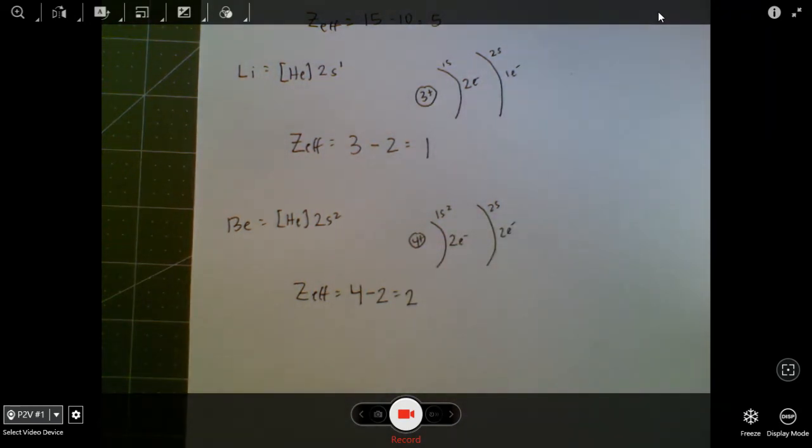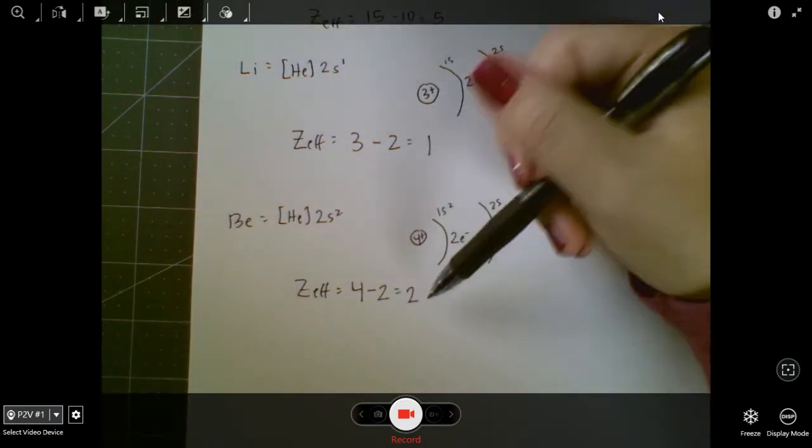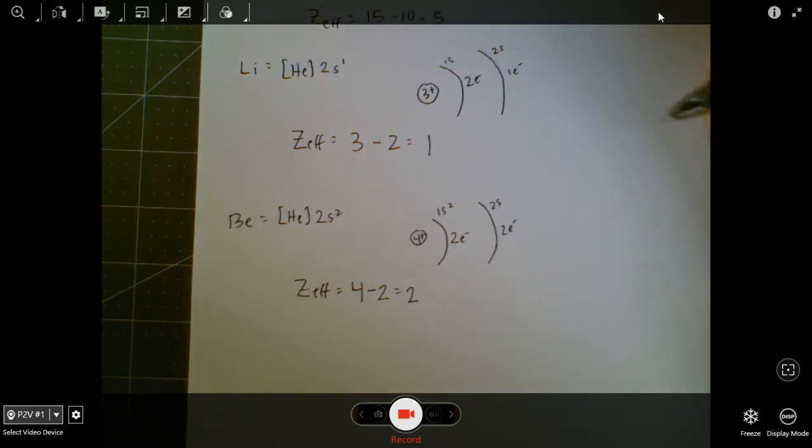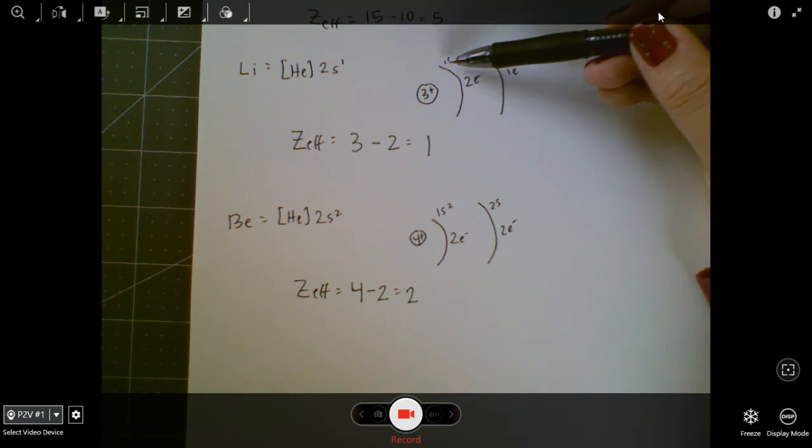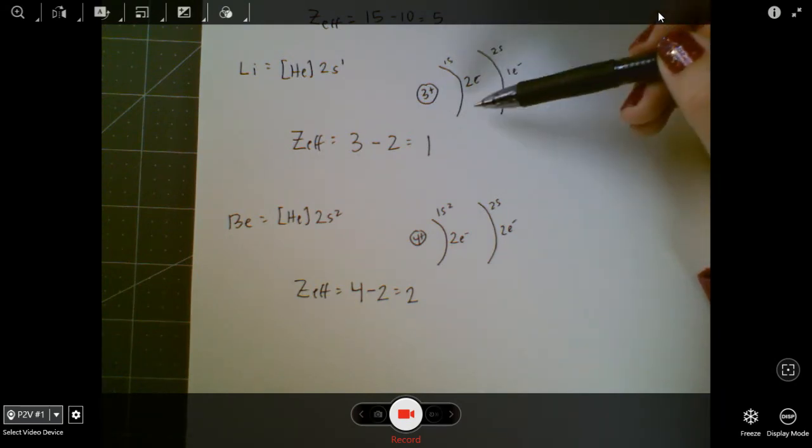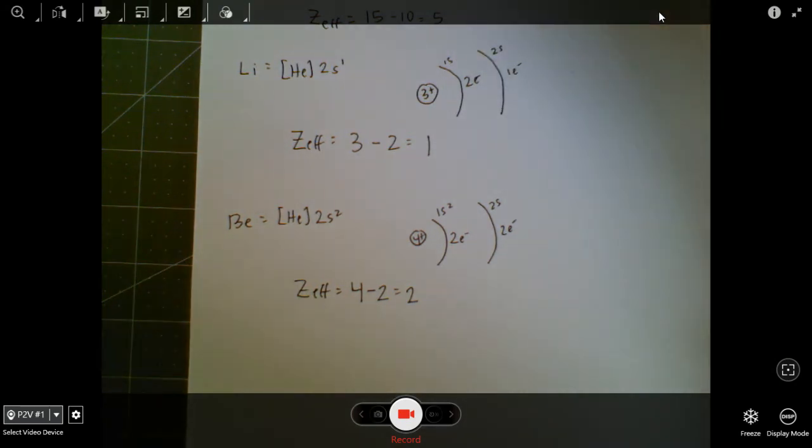Now you might say to me, Mrs. Ottemeyer, there's more electrons, so why don't I subtract the electrons, just those core ones come off? Why is that? When you think about it, the core electrons are the ones that provide what we call a shielding effect.